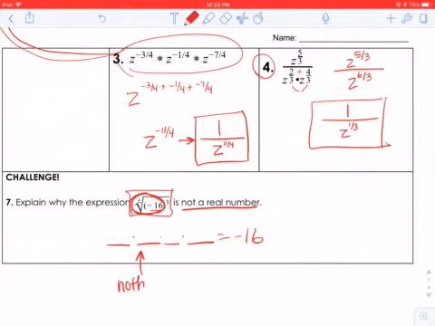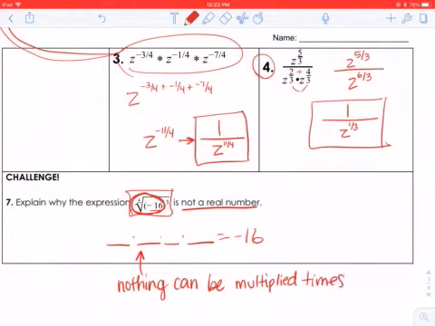Nothing can be multiplied times itself 4 times to get negative 16.